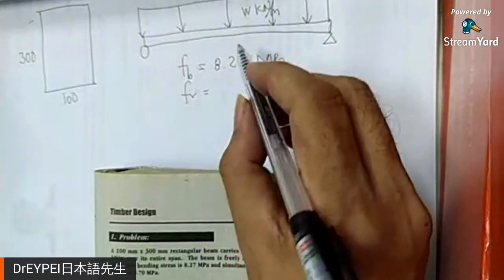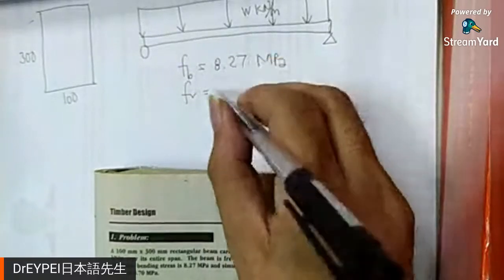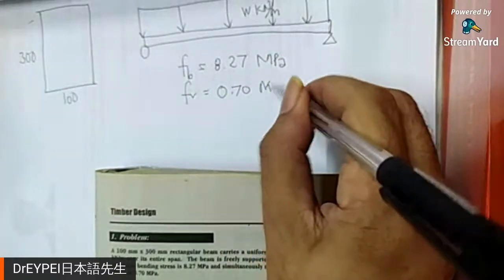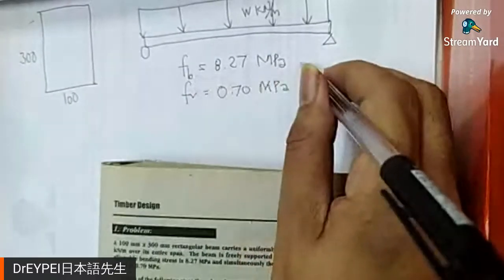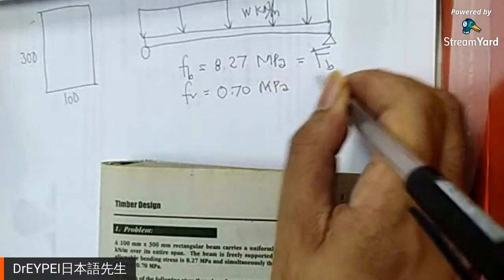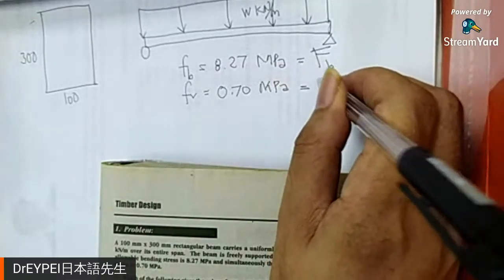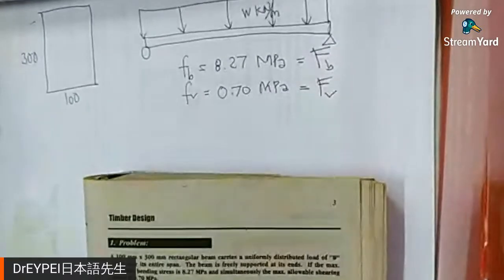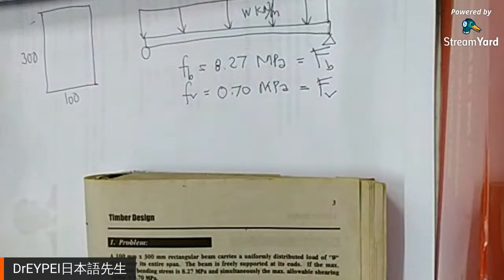Pag given sila, magiging capital letter. So, ang tamang pagsulat, capital letter, kasi given siya, hindi siya variable. Di ba? Okay?